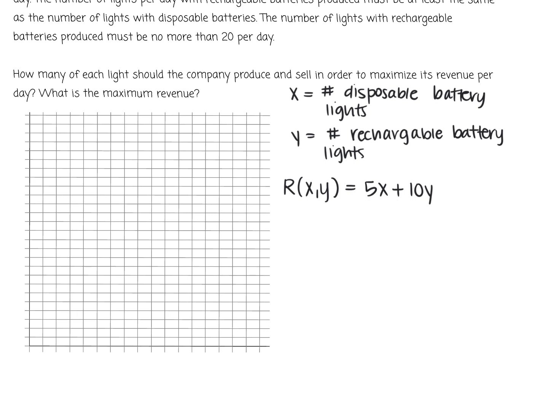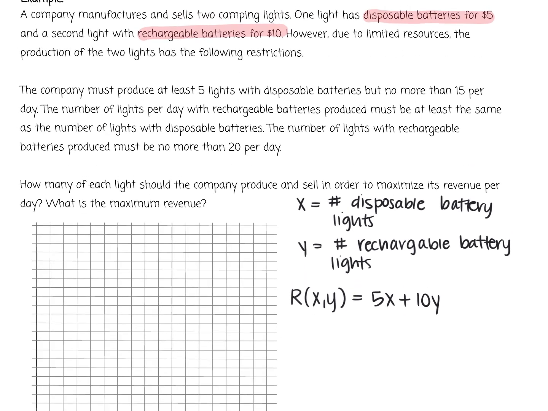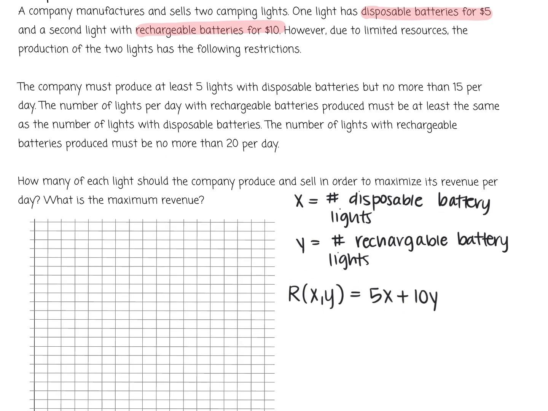The next thing we're going to do is come up with our inequalities that are going to determine our solution region. So that is our second kind of paragraph here. There are 4 pieces of information that we're going to use. You have to produce at least 5 lights with disposable batteries, but no more than 15.